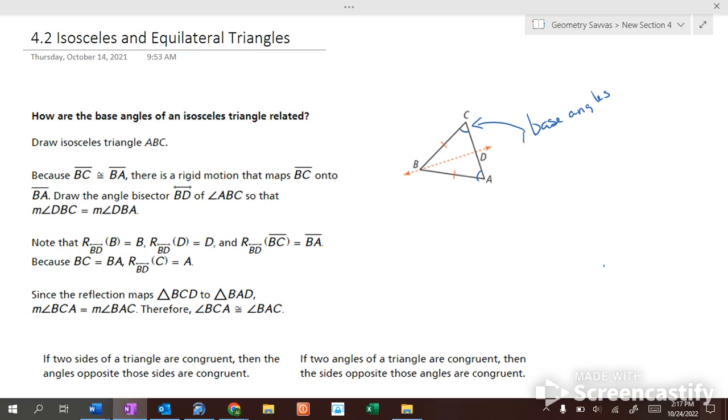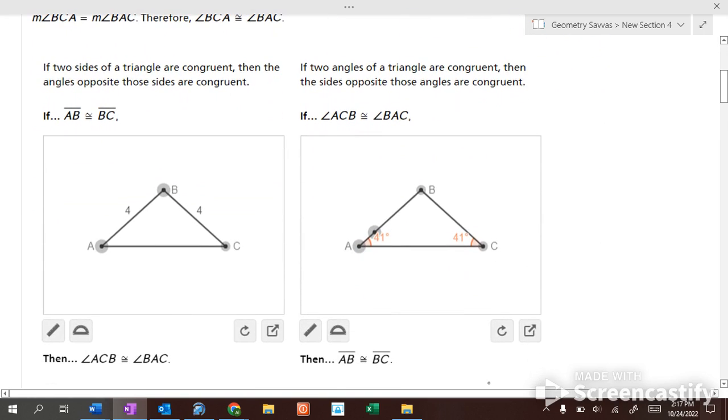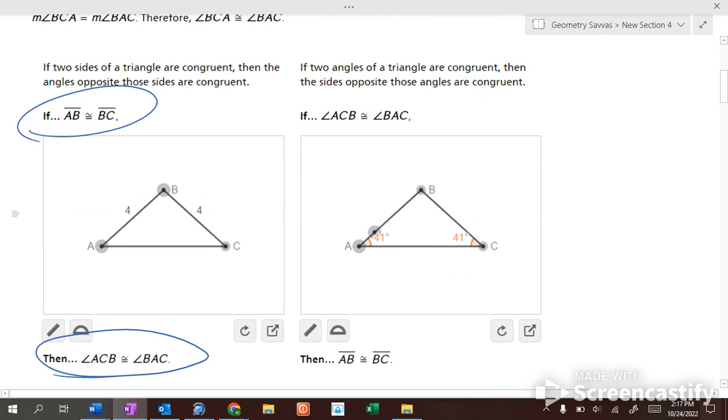Base angles of an isosceles triangle are congruent. Base angles are opposite the two congruent sides. So, if you have two congruent sides, then your base angles will be congruent.